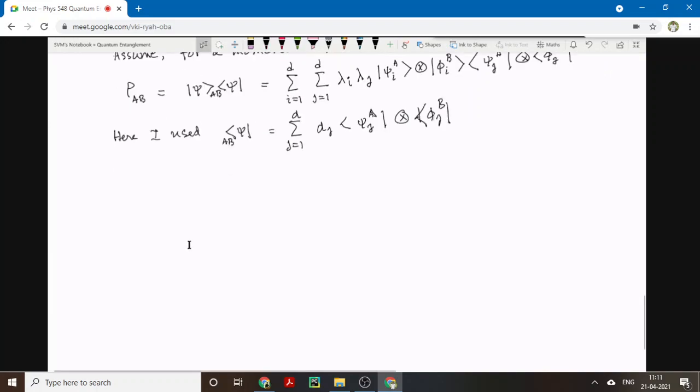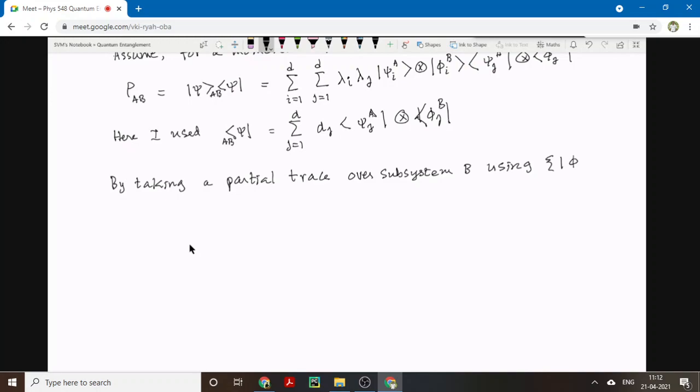Now let us ask a question. By taking a partial trace over subsystem B, using, of course, a basis, so I use the same basis, let's say phi K B, K is equal to 1 to D, we get rho A. So let us ask what is that?